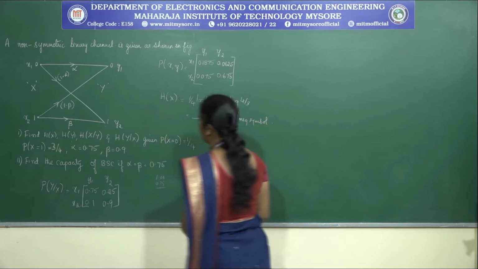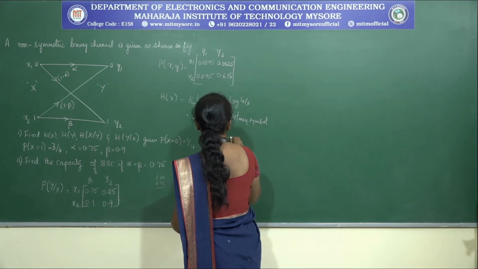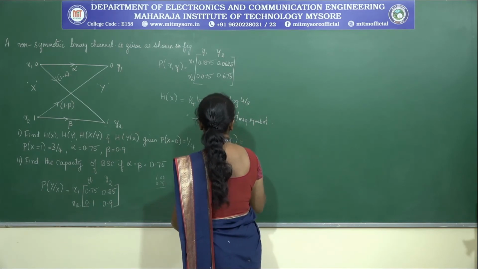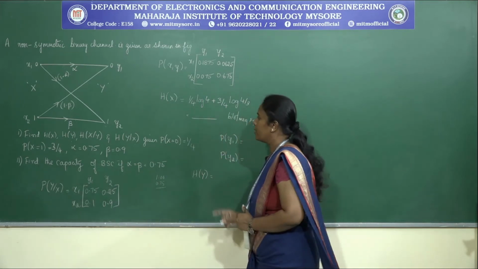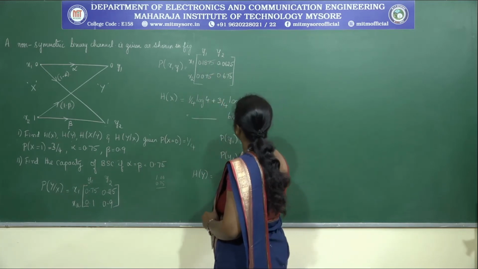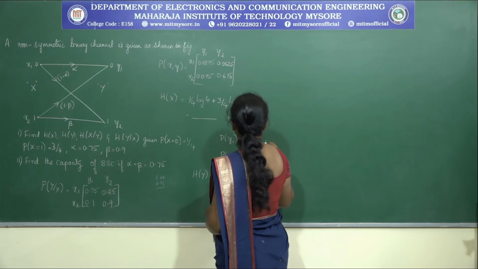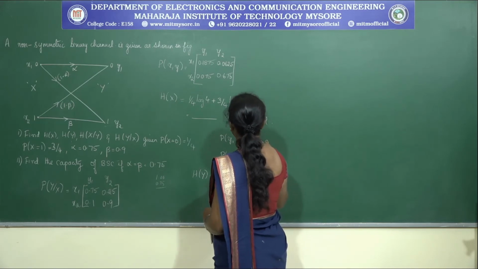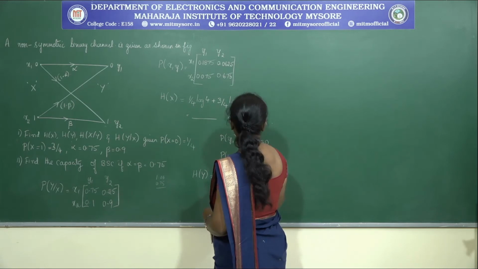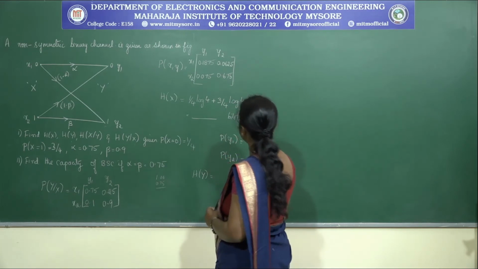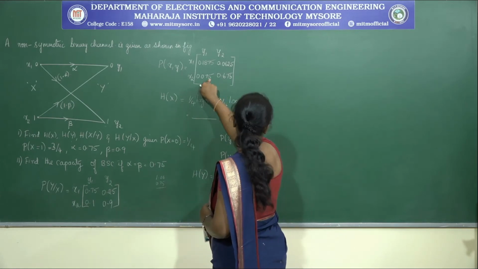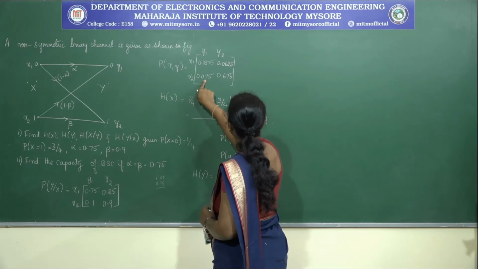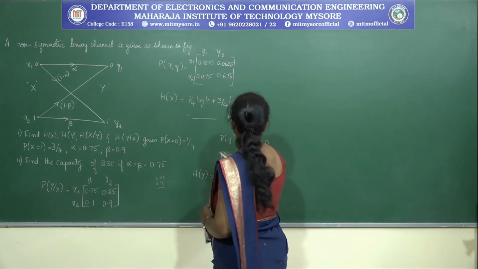Next, what we need to find is p of y1 and p of y2 in order to calculate h of y. Okay. So add column wise. So you will be getting 0.1950 for the first column.